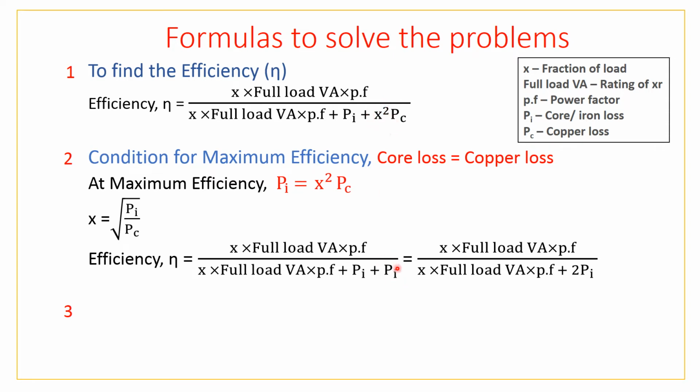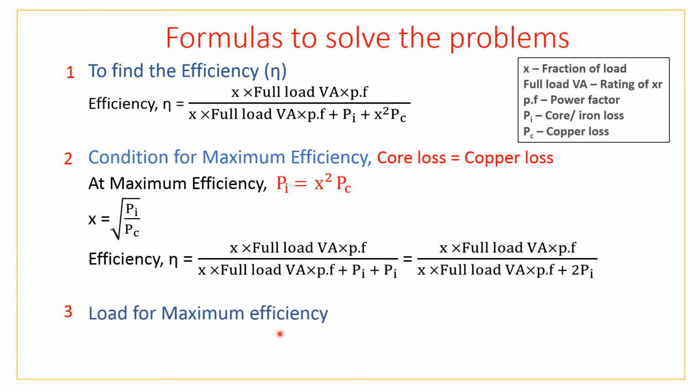Now PI plus PI is 2PI. So you can use this formula only if they ask the condition for maximum efficiency. Whenever they ask for anything to be found at maximum efficiency, then we must use this formula. For other numericals, we must go for the general formula.